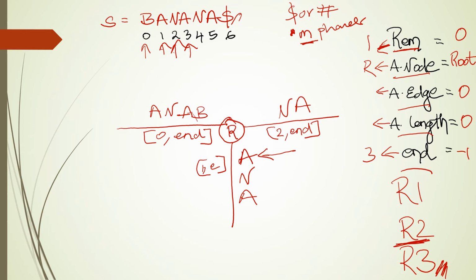So edge is 1, active length is also 1, it's pointing to A, and we are good now. So we are not reducing the remainder because we didn't create a leaf here.